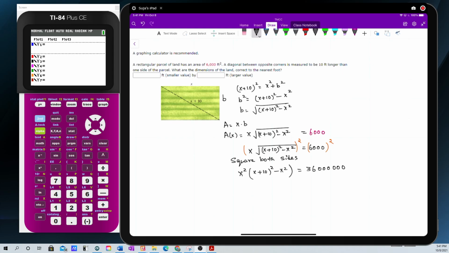Now I'm going to use the distributive property. x squared times x squared plus 20x plus 100 minus x squared is equal to... okay, and I'll combine any like terms in the parentheses, which will eliminate the x squared, so I'm ending up with 20x plus 100 in the parentheses.